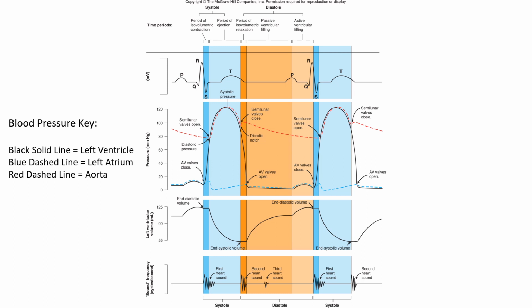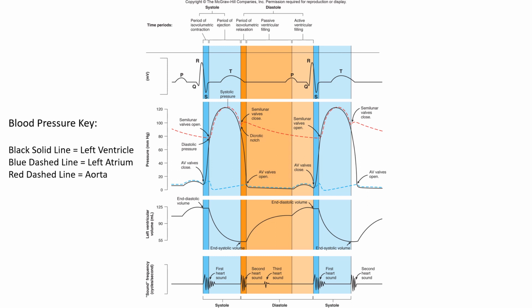So again, during the period of isovolumetric relaxation, the pressure in the ventricle decreases until it gets below the pressure in the atria, and that is where the AV valves open up at the end of the period of isovolumetric relaxation. During the ventricular filling phase, again, the pressure in the atria is just slightly above the pressure of the ventricle.